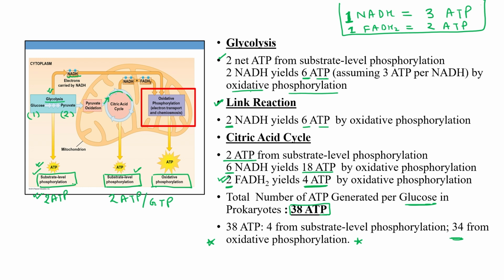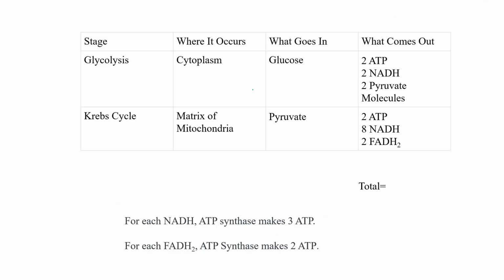Is it clear? Now, okay, in this tabular form, once again, we have discussed the process. What is this stage? Glycolysis. Where does it occur? Cytoplasm. Am I right? What kind of molecule enters this particular cycle? Glucose. Right? And what is the outcome of this cycle? What comes out? 2 molecules of ATP.